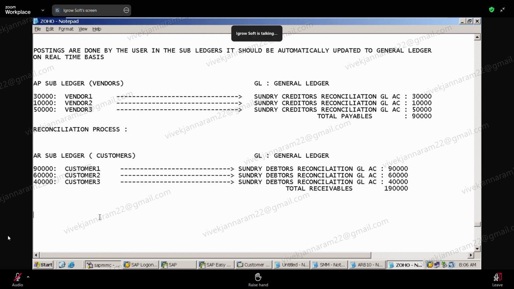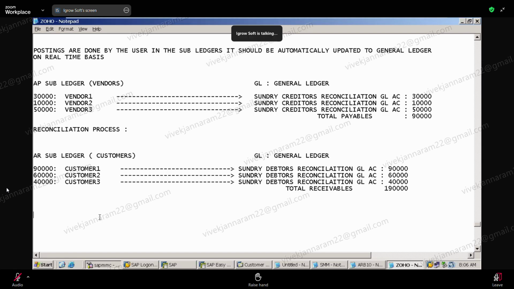So if you don't understand today, in every topic I enter, you will feel that problem. That's why it's very important to understand the reconciliation. Is that clear? Same in asset accounting, the user will post in the subledger and the system will update the general ledger. Okay, we will see.